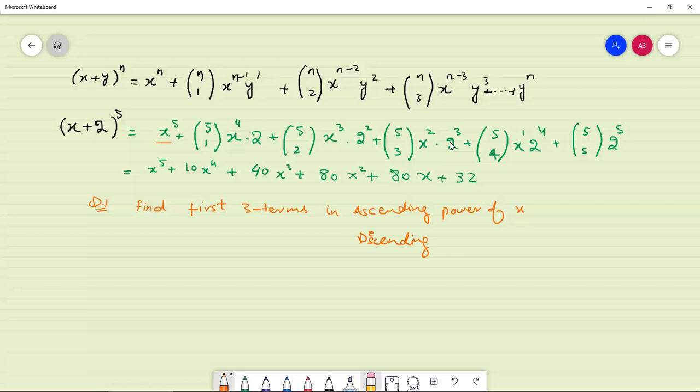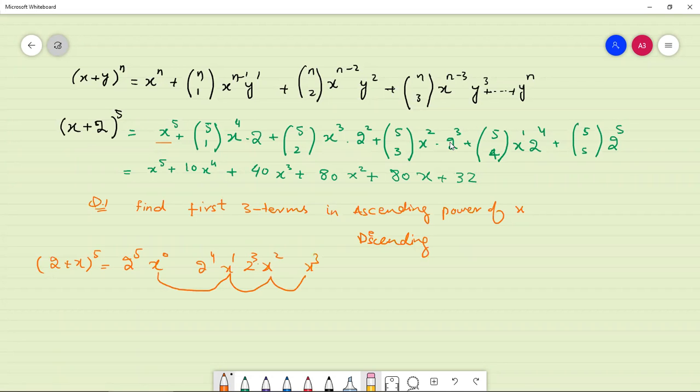If we write 2 first, for example if the expression is written like this, 2 plus x, then when we apply the binomial theorem we start from 2 power 5 and x power 0, then 2 power 4, x power 1, then 2 power 3, x power 2. So now we start with x power 0, then x power 1, then x power 2, and then x power 3.